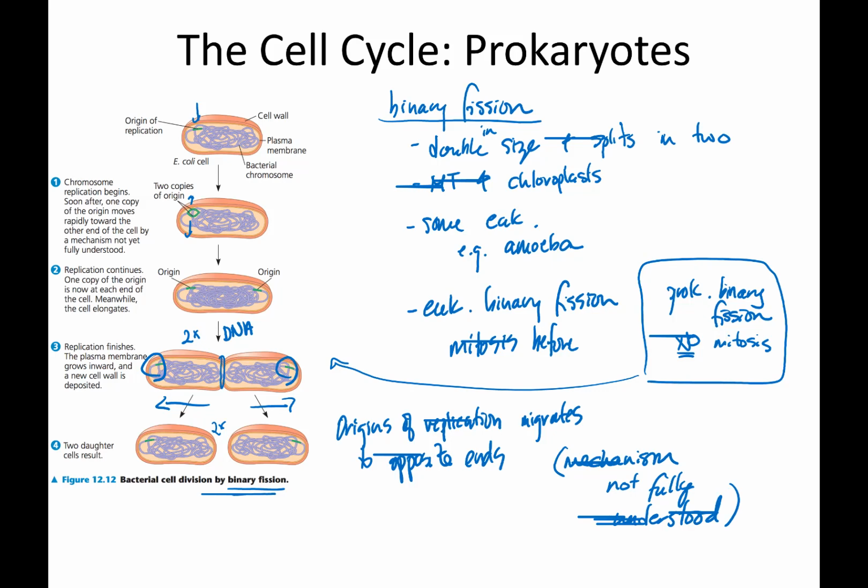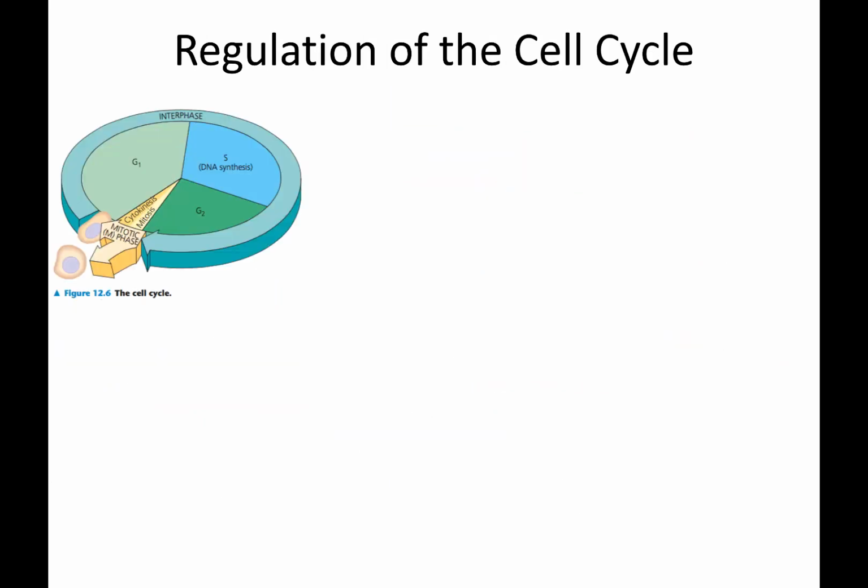Now we're going to switch gears a little bit and talk about how the cell cycle is regulated. And as you might imagine, the cell cycle is actually highly regulated, and it's important for several reasons.